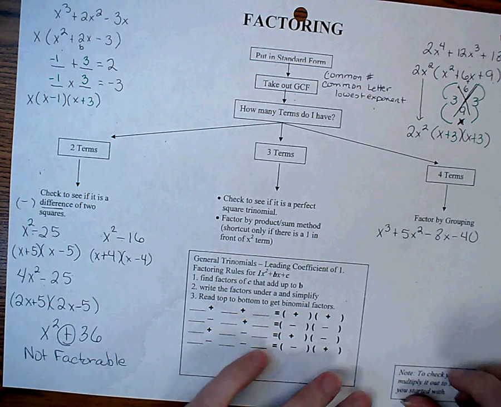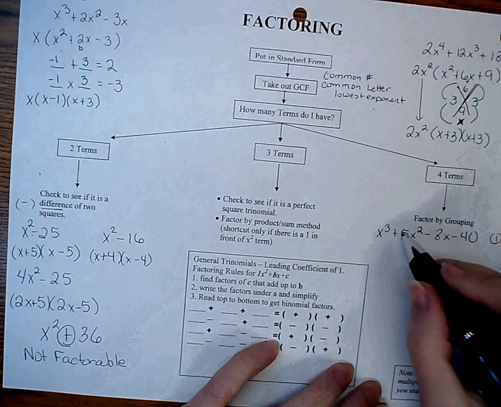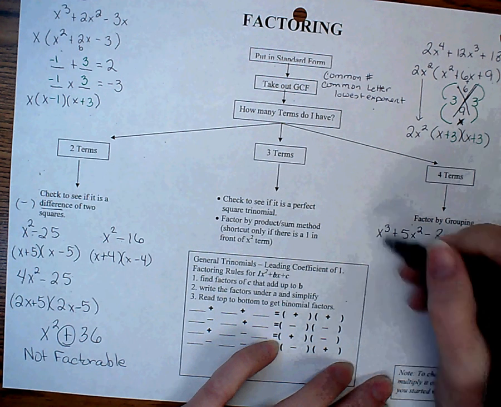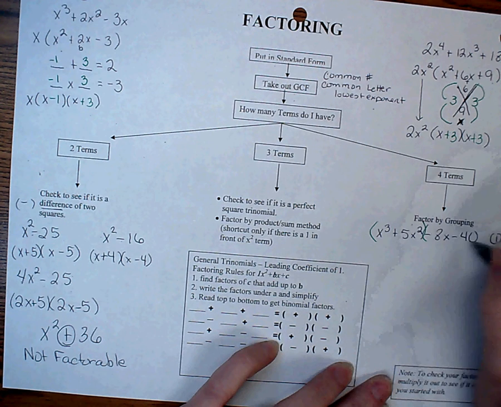Our steps here, since it says factor by grouping, I'm going to group the first 2 terms and the last 2 terms. You group them by just putting parentheses around them.